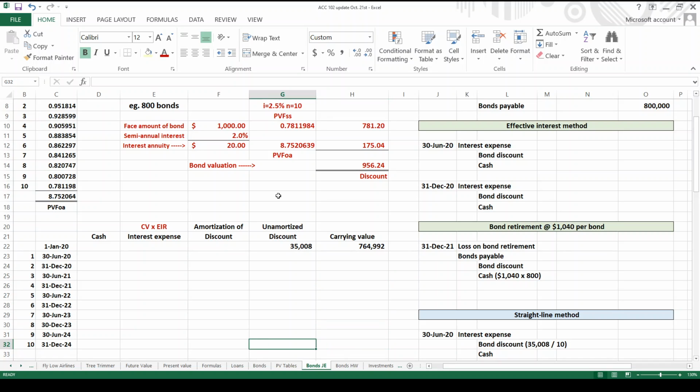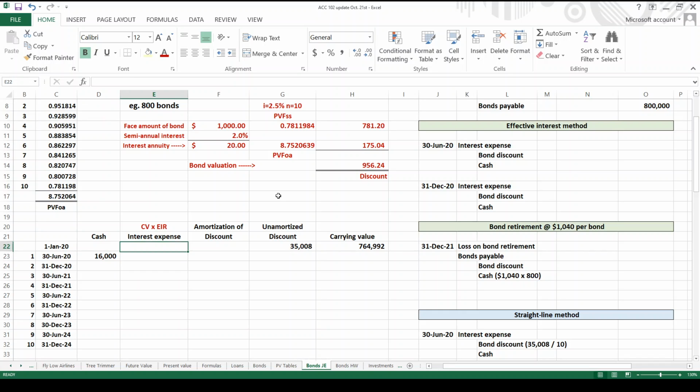So this should be 0, this should be 800. All right, let's see if we can fill this out. The cash, what is the cash? Well, the cash is $20 times 800 every 6 months, otherwise known as $16,000. And that's not going to change. That's going to be the same throughout, yeah?